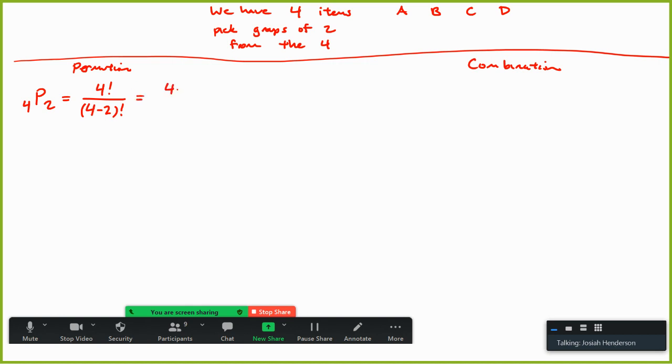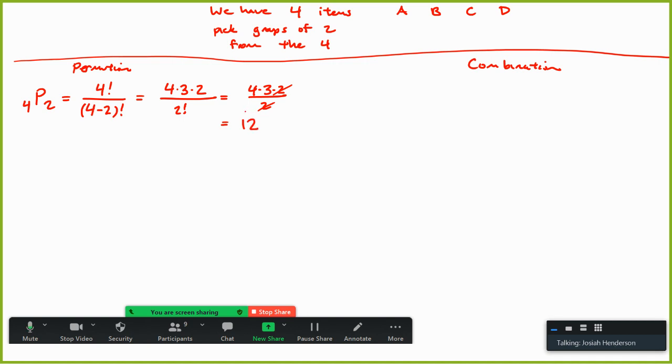Expand the top, 4 times 3 times 2. Do the subtraction and then expand the bottom. 4 minus 2 is 2. So this turns into 4 times 3 times 2 over 2. Cancel whatever you can. So we can cancel the 2 over 2 here, and we're left with 4 times 3, we're left with 12.